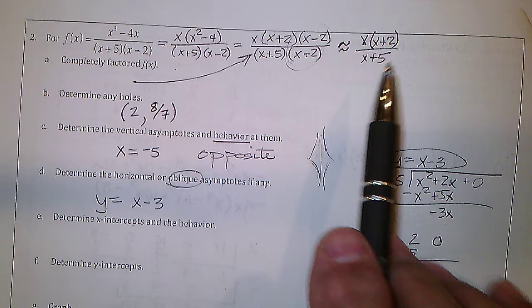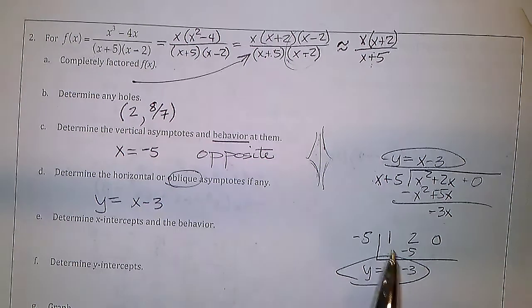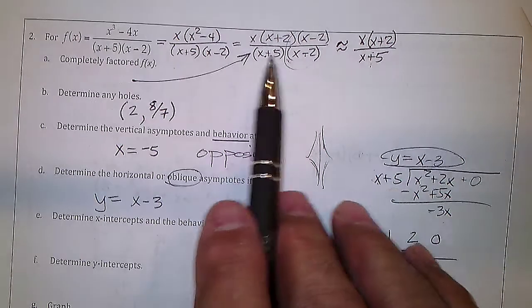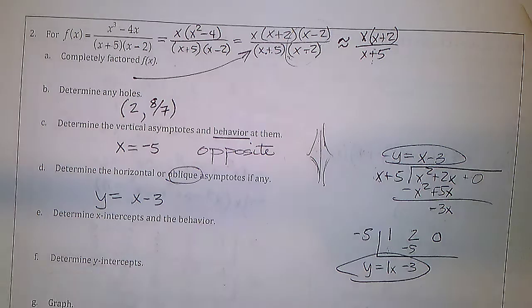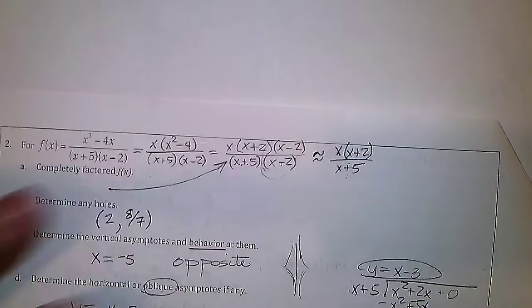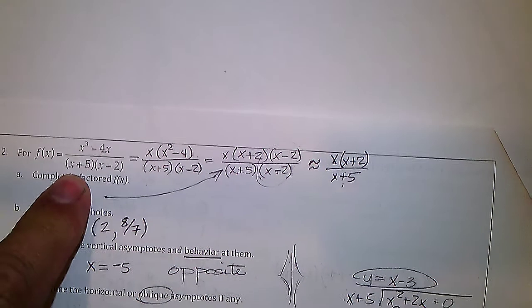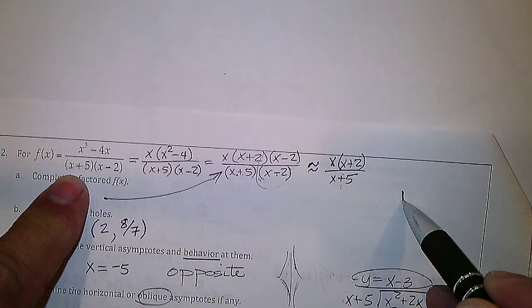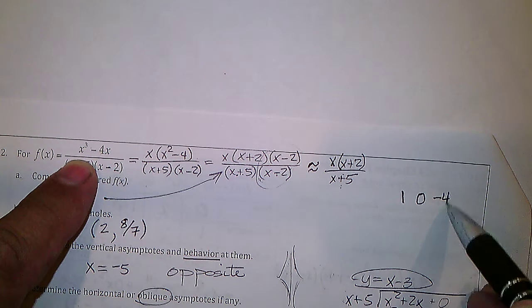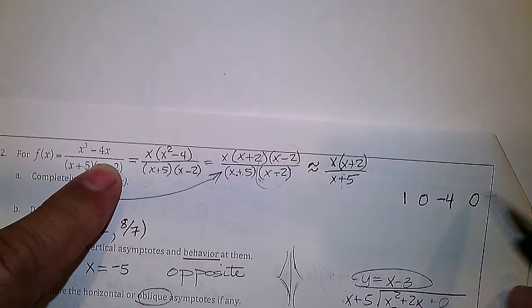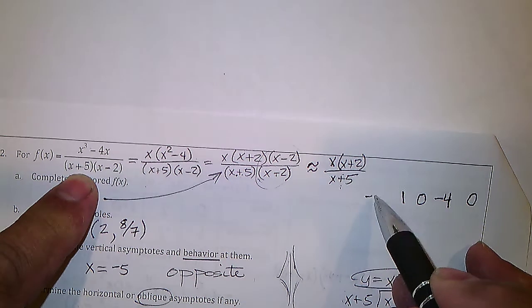Now, if there were two factors here like this, I couldn't do that. Or I could divide by one of them, taking the original one. Let's actually do that, just so you can see how that works. If I was still back on this one, I have 1x to the third, 0x squared, minus 4x, plus 0. I can go in with the minus 5.